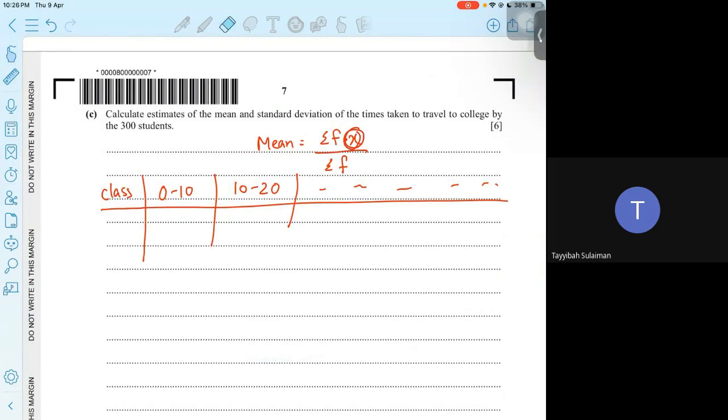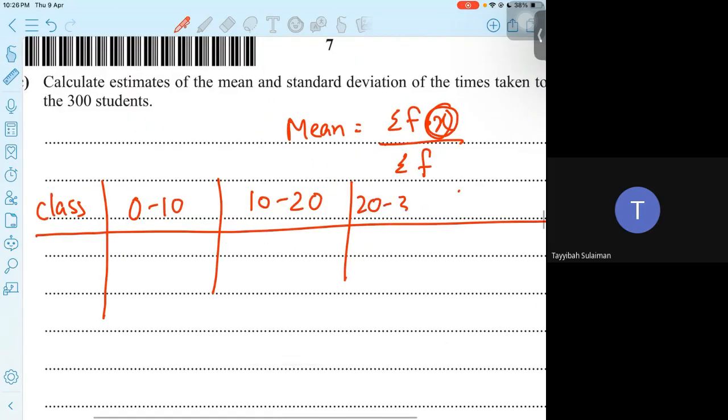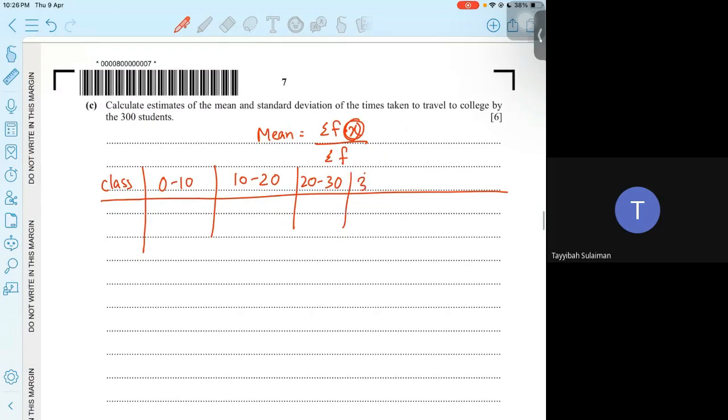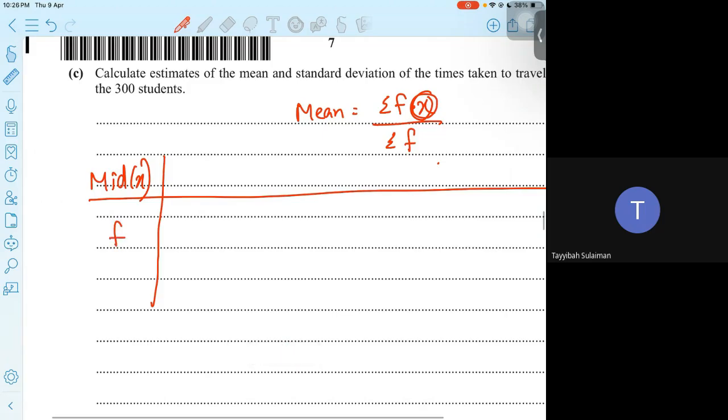This is where, whenever I have a modal class or a class involved in the question, I always have to find the middle values. So there is 10, there's 20 till 30, there's 30 till 40. Okay, let me just directly write all the middle ones. So mid, x, and then we have the f's.